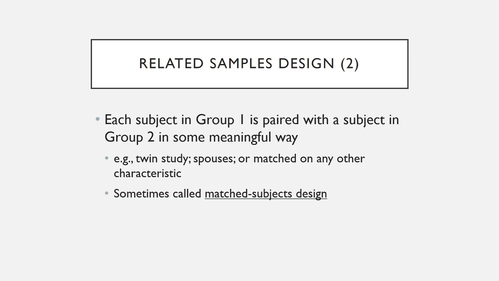Spousal studies, for example, if you wanted to look at relationship satisfaction in husbands versus wives, but you want to compare spousal groups together, because again, the idea is maybe different spousal pairings are coming in with baseline differences in relationship satisfaction. So you want to compare husband and wife pairs together. The data needs to be presented such that those spousal pairs are kept together and organized such that you're comparing the group on their matched characteristic.